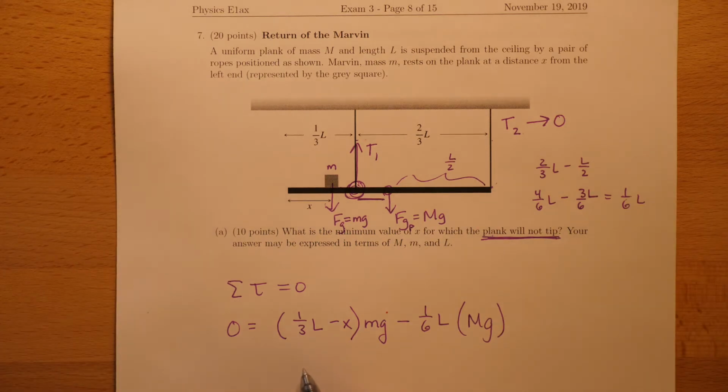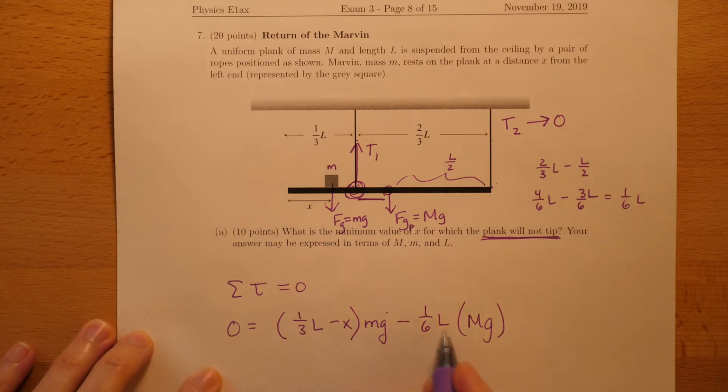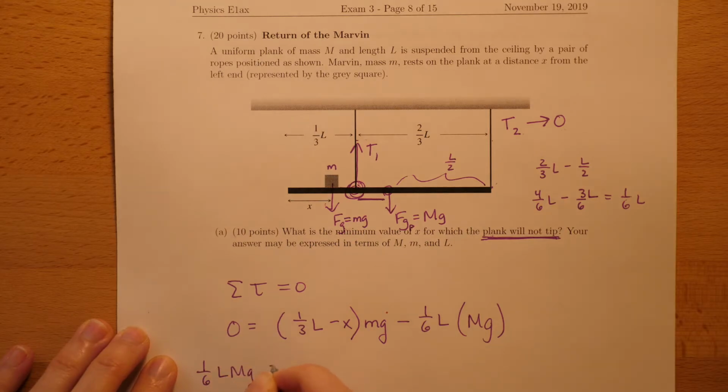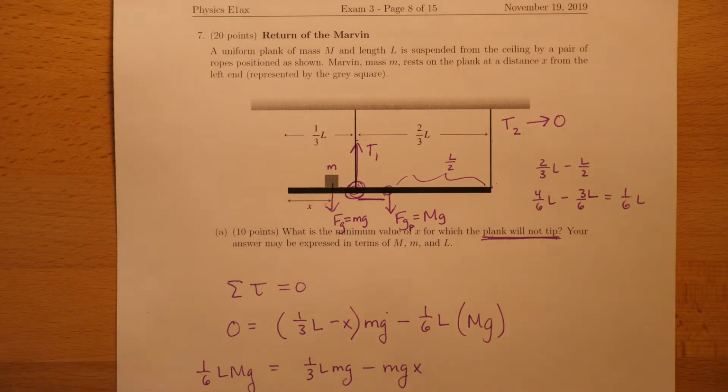Okay, so now we need to solve for x. We'll move this to the other side and distribute this through. So we have 1/6 LMg equals 1/3 Lmg minus mgx. All right, so I'll flip these two.